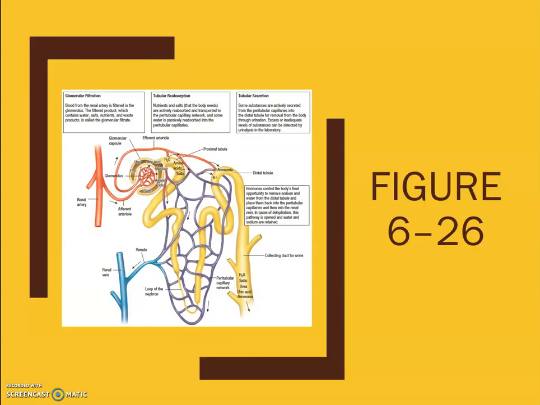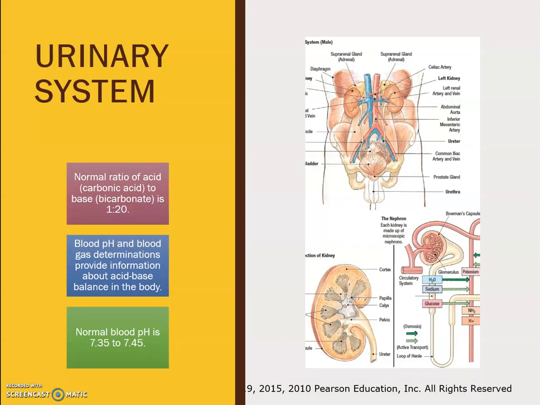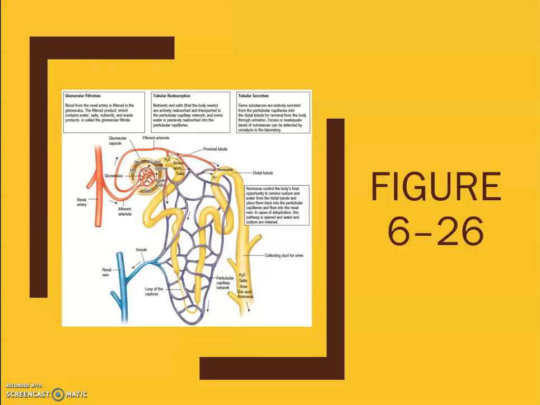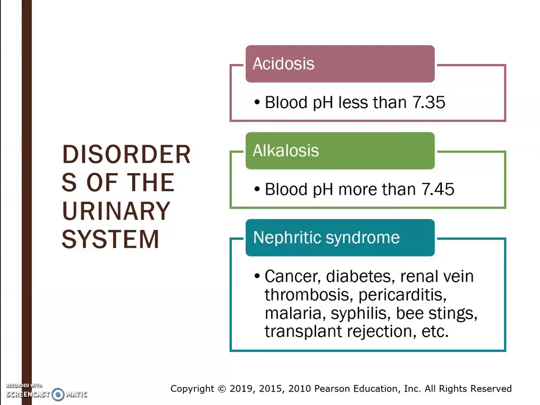This is just the anatomical figure of the inside of a kidney. Acidosis is blood pH less than 7.35, and alkalosis is blood pH more than 7.45.